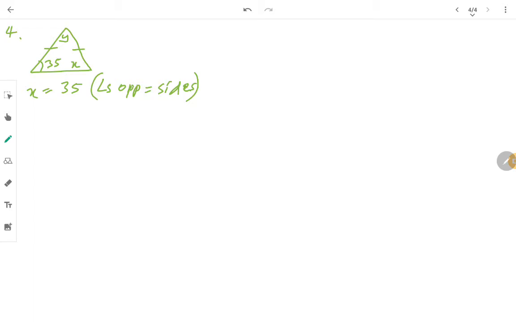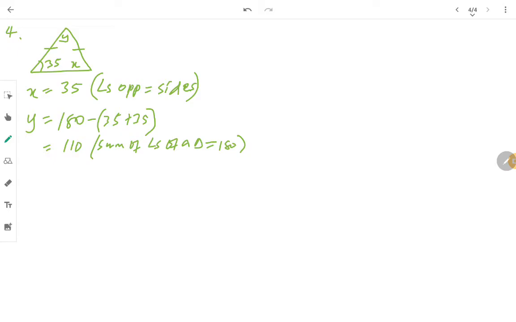Then to calculate y now, y is 180 minus 35 and 35, which is 110. And the reason is that sum of angles of a triangle equal to 180.